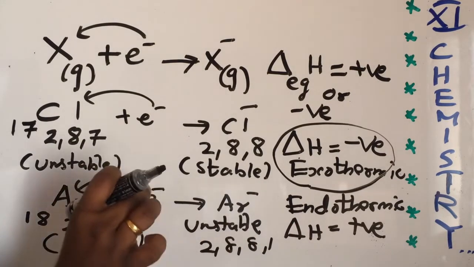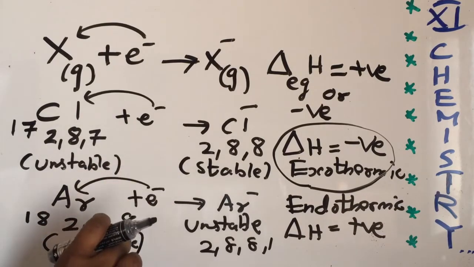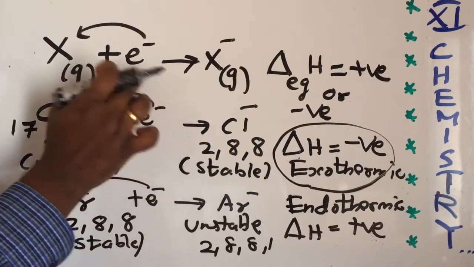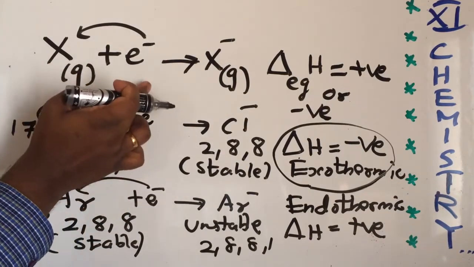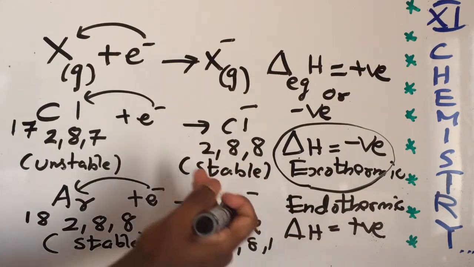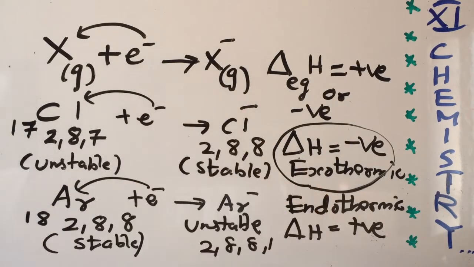So it is very clear: electron gain enthalpy measures how easily an electron can be added to an atom. If it is easy to add, then a large amount of energy will be released, delta H becomes negative and electron gain enthalpy becomes high. Okay, did you get it?